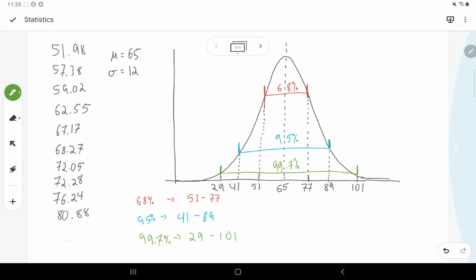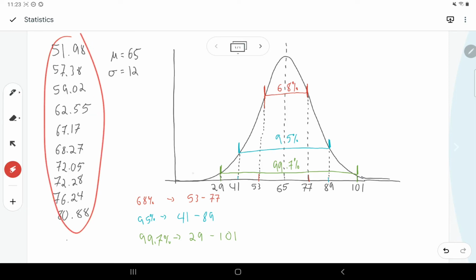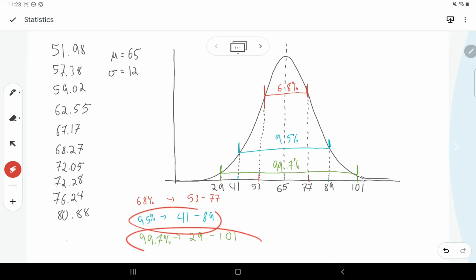Okay, so our job from here is to figure out how many of these values fit into each of these bins. Okay, so we are literally just counting how many fit. So we find this bin first. So we need anything bigger than 53 but smaller than 77.